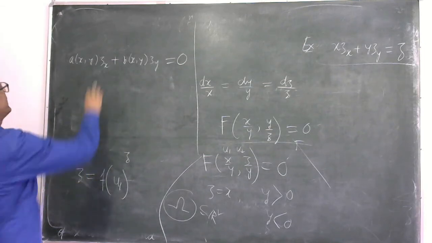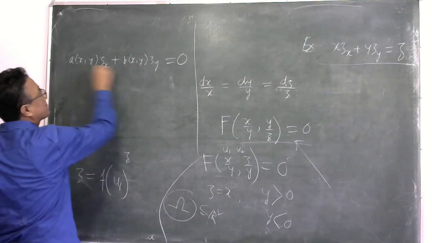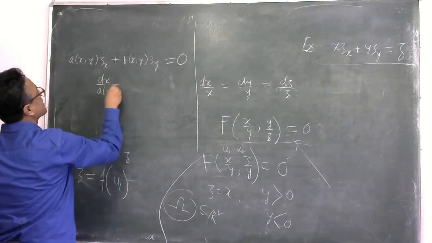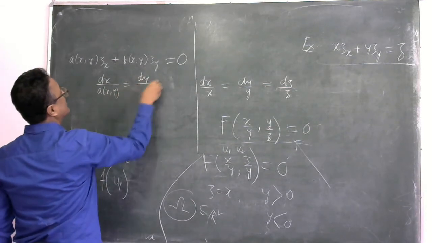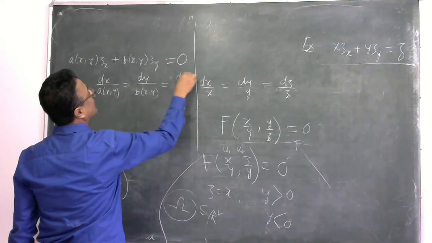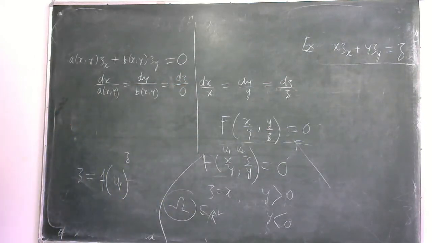Then what this is going to give, your very first integral coming up, this is what? AXY, BXY. Is it okay?